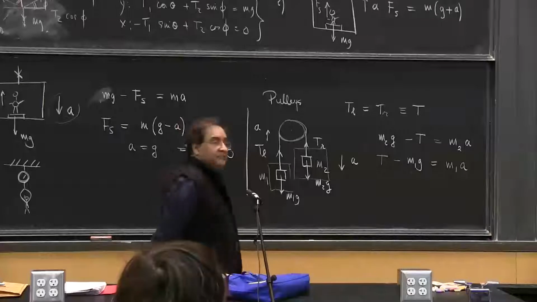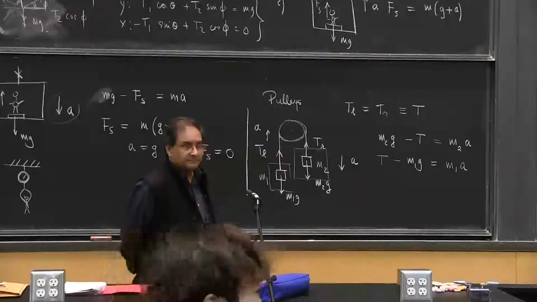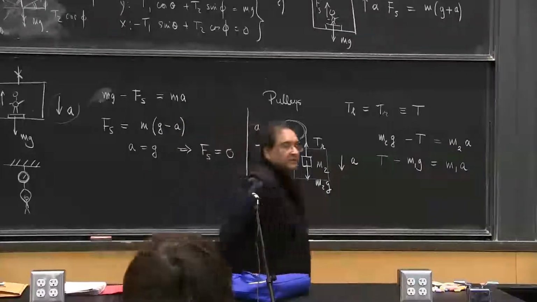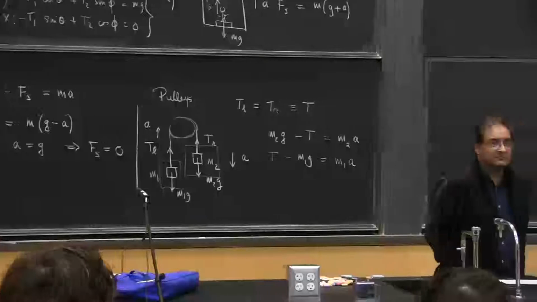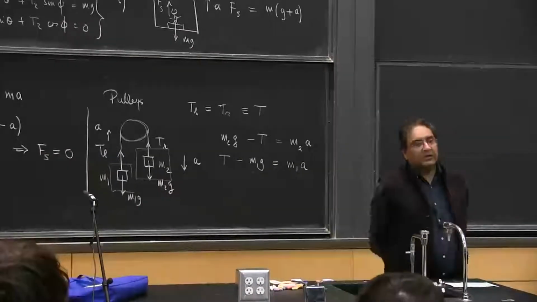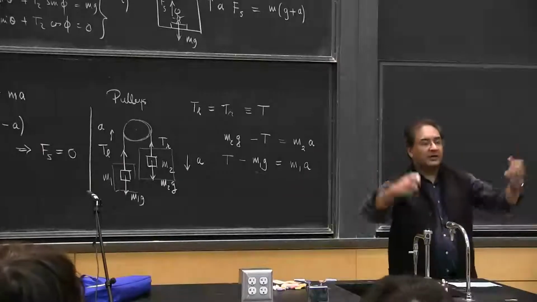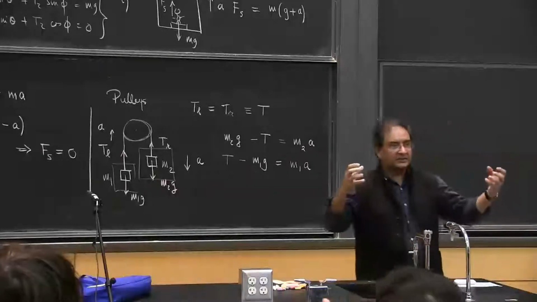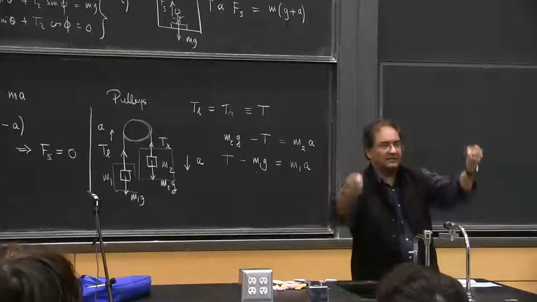It will cancel out mg if acceleration is 0, because the string is a perfect transmitter of tension. Tension comes because of the two weights on the two sides, right? But the tension is not individually equal to this mg and that mg, because there is a resultant acceleration.